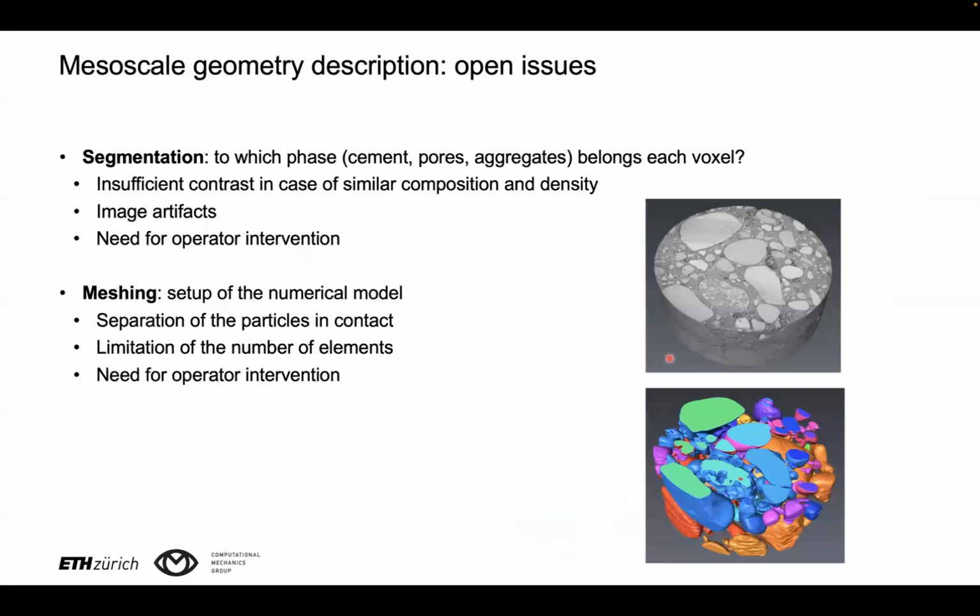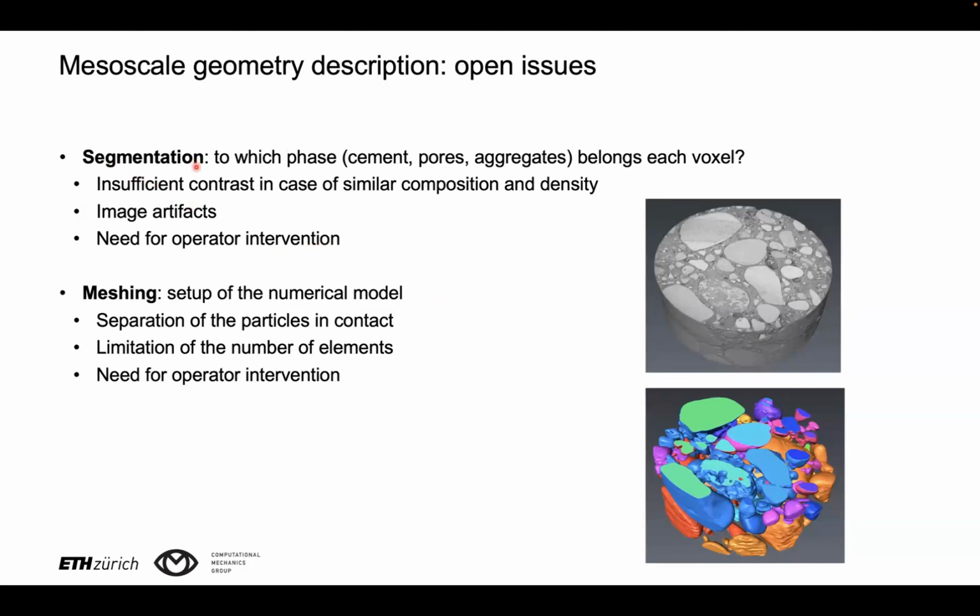Now, in the description of the geometry of the mesoscale, there are some problems to be overcome. And what are these problems? Well, one can subdivide the mesoscale geometry description in two main phases. Phase one is the segmentation.